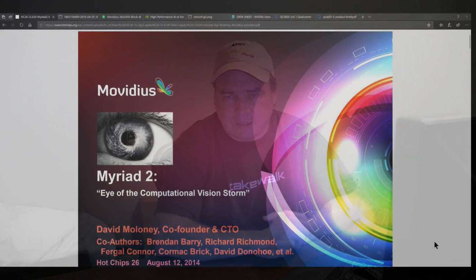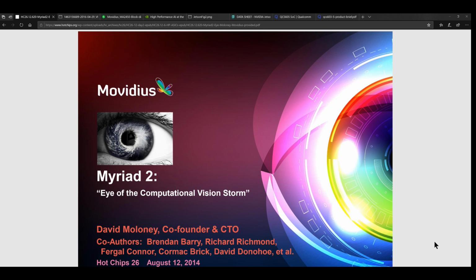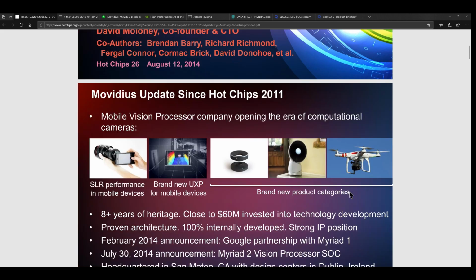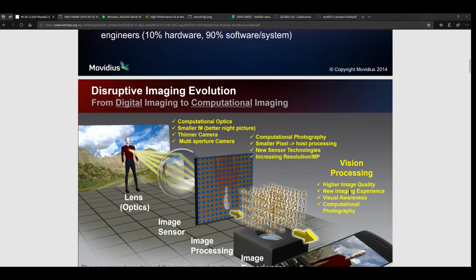I found a great presentation up there from the Movidius CEO and co-founder, or their CTO and co-founder. These are the guys that make the Myriad MA2155, which is what's used in the DJI Mavic 2 platform. Great presentation up there with a lot of really good information on the Myriad 2.